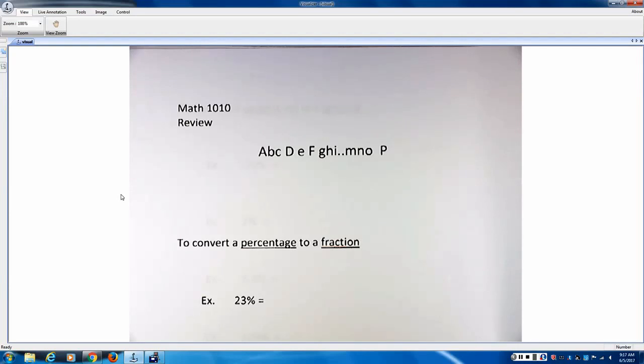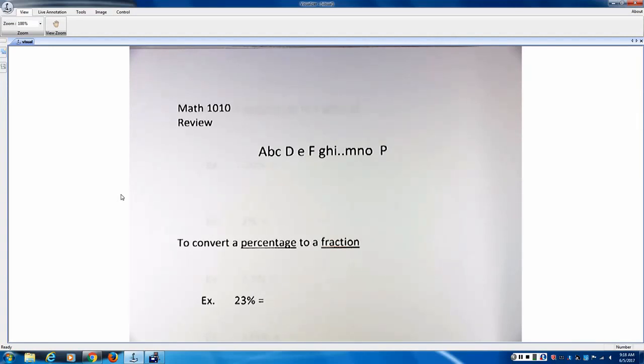The first thing we need to do is to review how to go from a decimal to a fraction to a percent. And the key to remembering this, and I have never had a student tell me that it didn't work for them, is to say your ABCs.